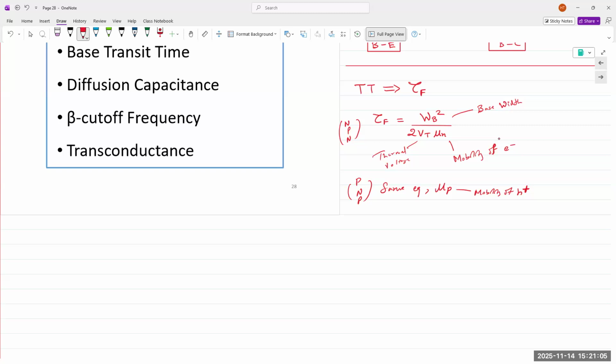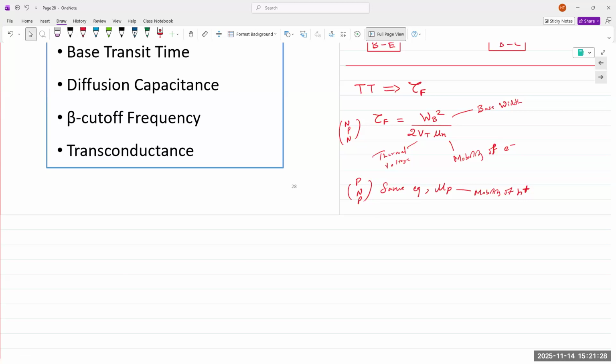With advances in design, of course, we are able to create PNP transistors that are just as fast and capable as NPN. But that's how carrier mobility affects the speed of devices.